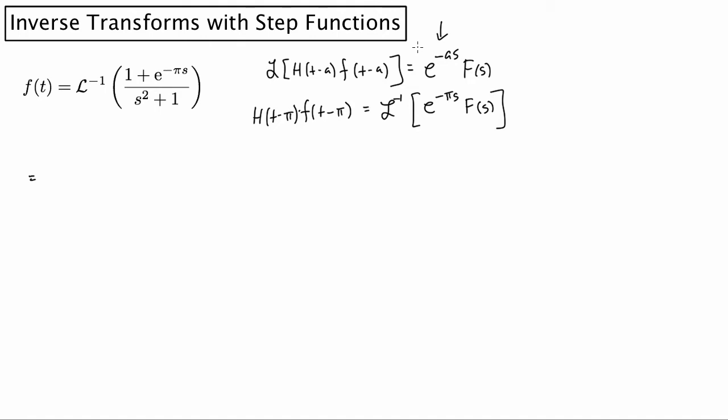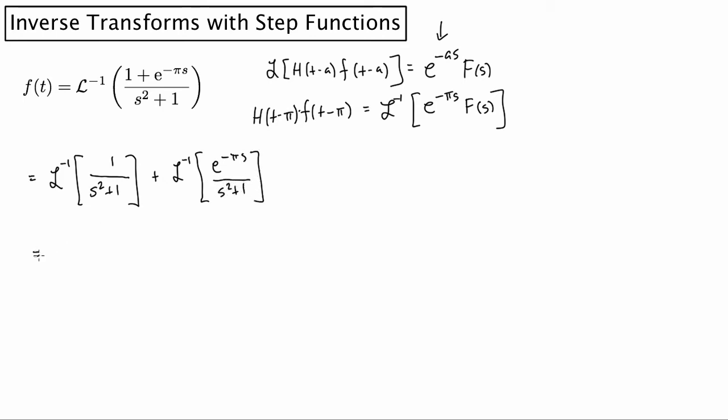So for example, I can use the linearity property to take the inverse transform of the first piece here, which is 1 over s squared plus 1, plus the inverse transform of e to the minus pi s over s squared plus 1.